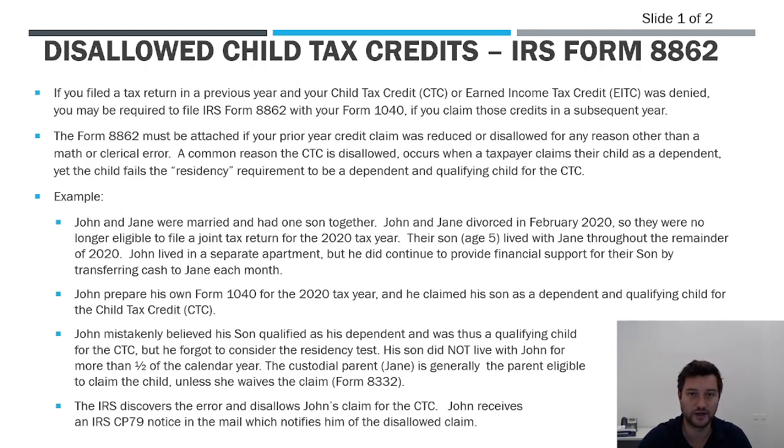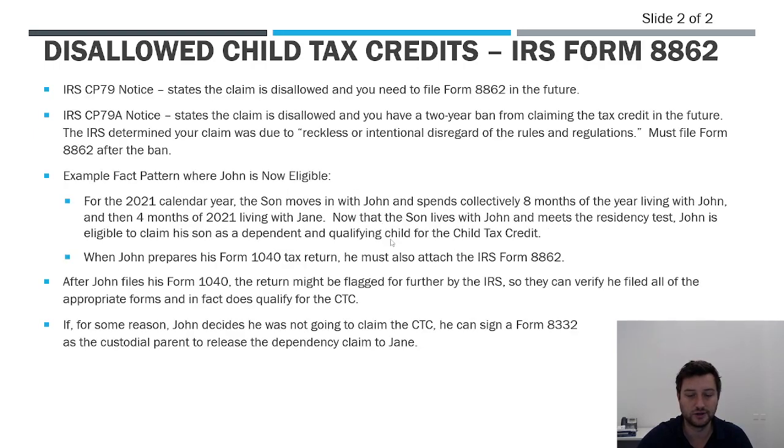Perhaps they might add some additional information. And then it'll say something to the effect of, going forward, if you qualify for the child tax credit and you want to claim it, you have to also include a Form 8862 and attach it with your return, okay? So let's go over the next slide and get into some more of the details here.